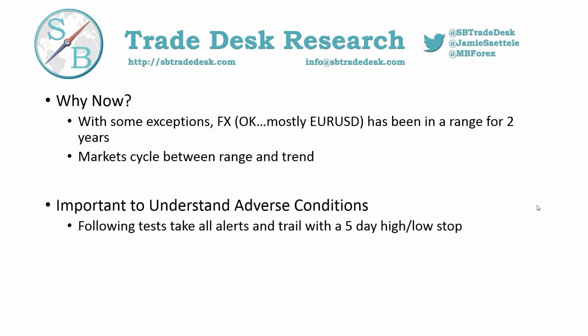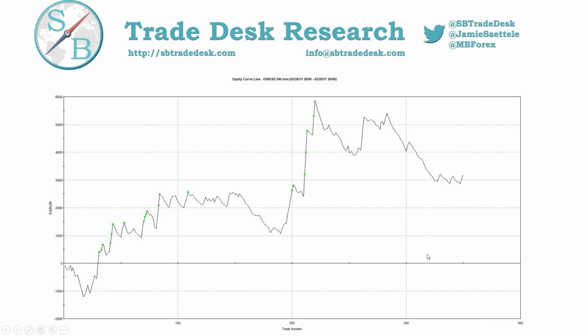here's euro. All these go back 6 years, by the way. So we're looking at 6 years on a 4-hour chart, about 350 trades. If we look at where the drawdowns have really started, there's 2 periods of drawdown really within these alerts.